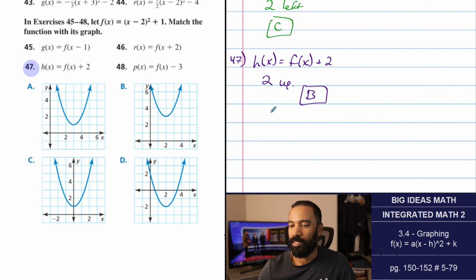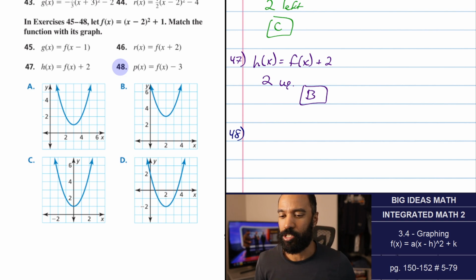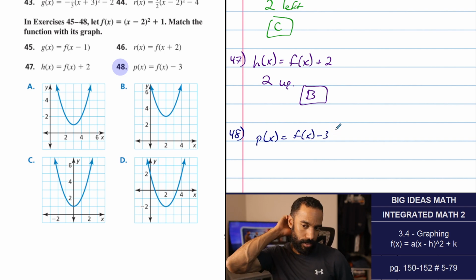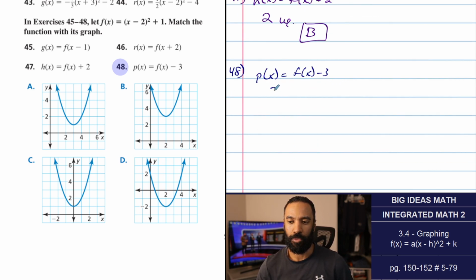Number 48. P of x equals f of x minus 3. So once again, it's going to take a translation of what we had before. If you were kind of confused, this will go 3 down.